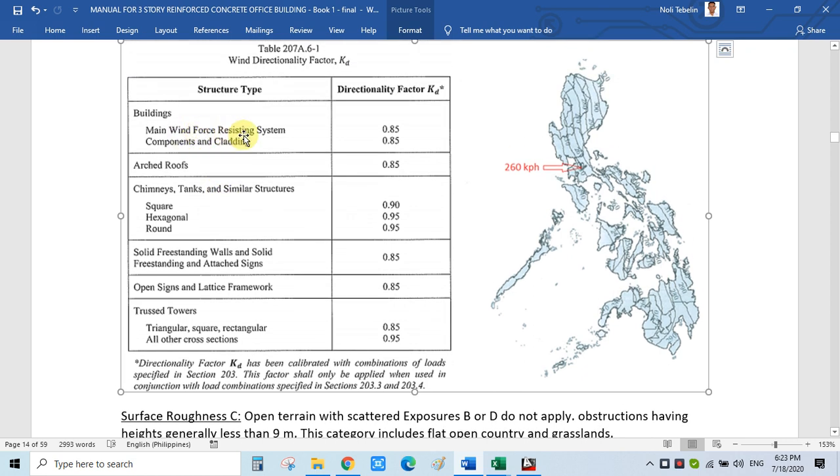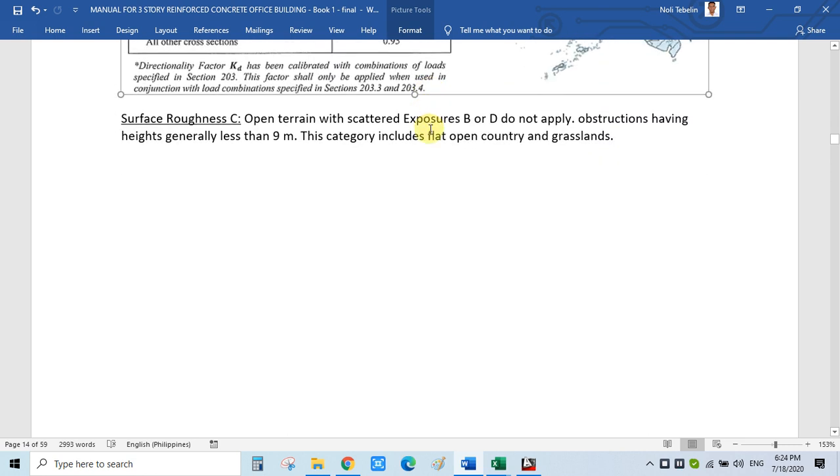Then components and cladding 0.85 yung directionality factor Kd. Then surface roughness C, open terrain with scattered obstructions having heights generally less than 9 meters. Exposures B or D do not apply. So ito yung gagamitin natin.